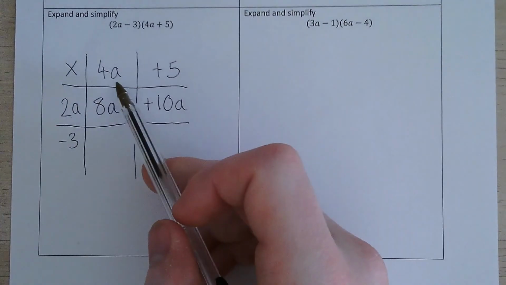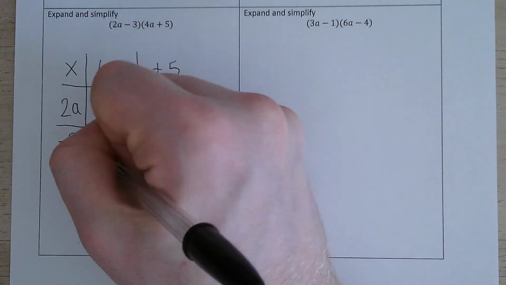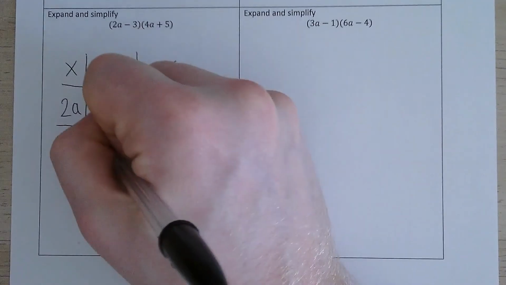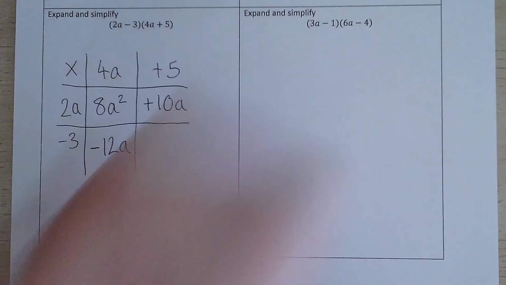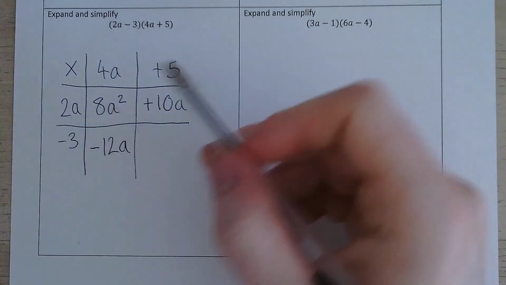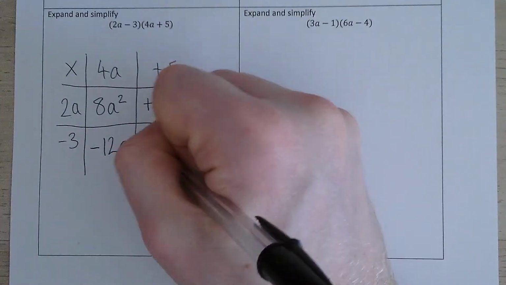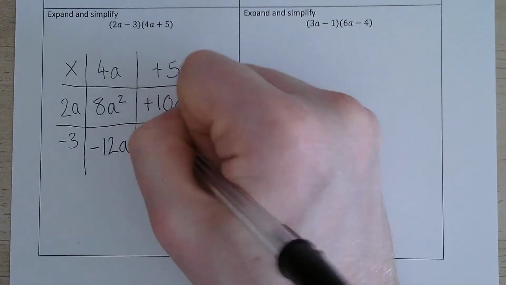Minus 3 times 4a, there's one negative in the calculation, so one negative in the answer. 3 times 4 is 12, and a is the only variable. And minus 3 times positive 5, there's one negative in the question, so one negative in the answer, and 3 times 5 is 15.